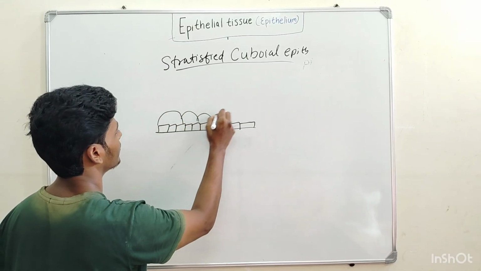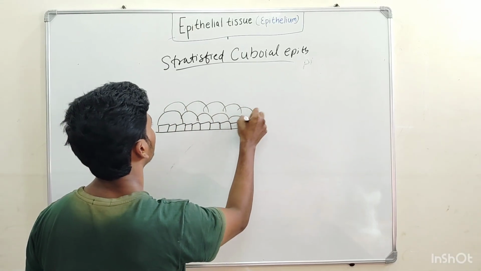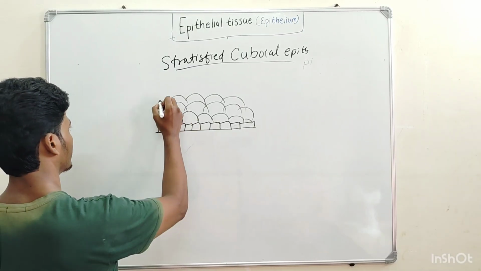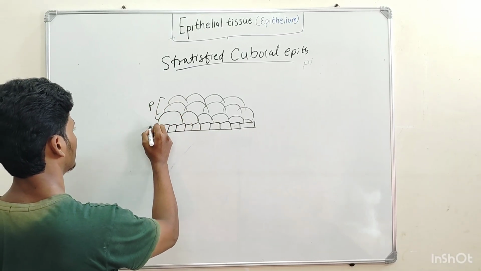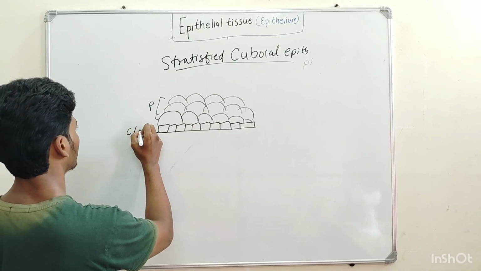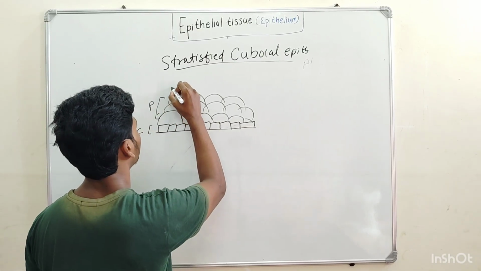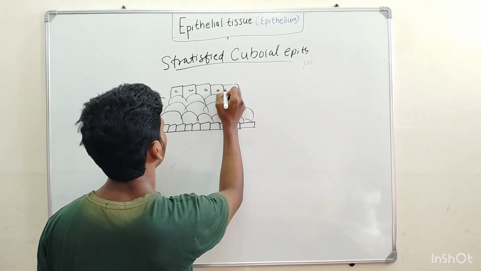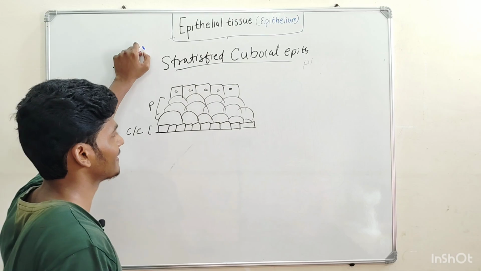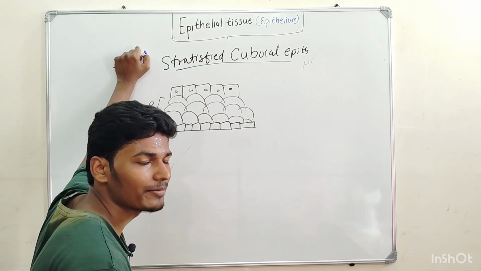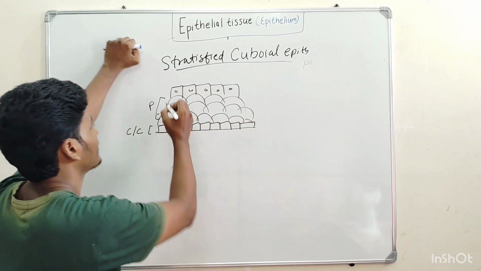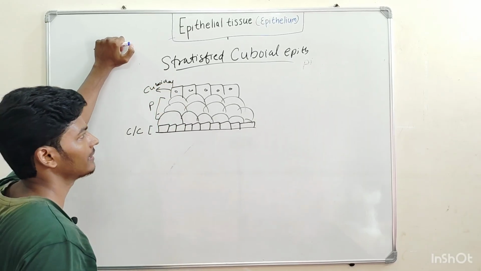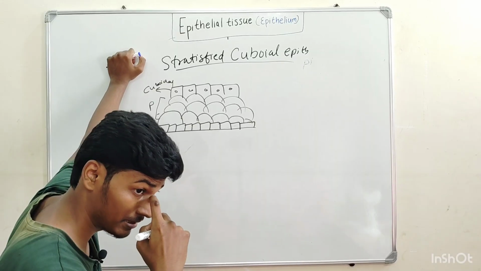The intermediate layer is polygonal. The apical layer is cuboidal, because stratified epithelium is always named according to the apical layer. So the apical layer is here, it is cuboidal, that's why it is called stratified cuboidal epithelium.